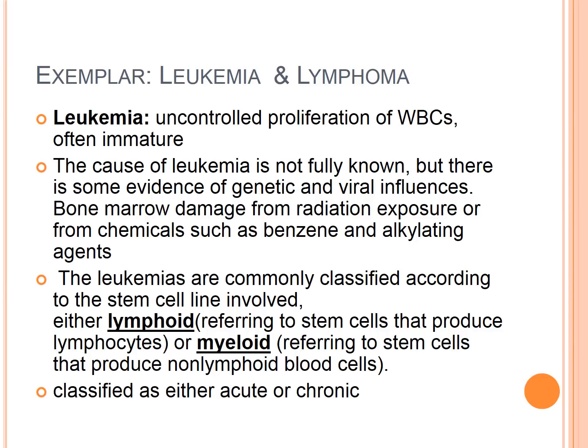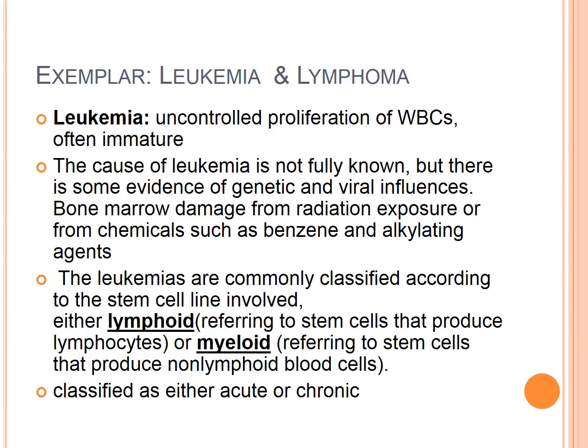All right. So the cause of leukemia is really not known, but they have found some link to genetics, having a family history, and also some viral influences. So different viruses, if you're exposed to, for instance, the Epstein-Barr virus, there's maybe a slight risk that you develop leukemia at some point in your life.